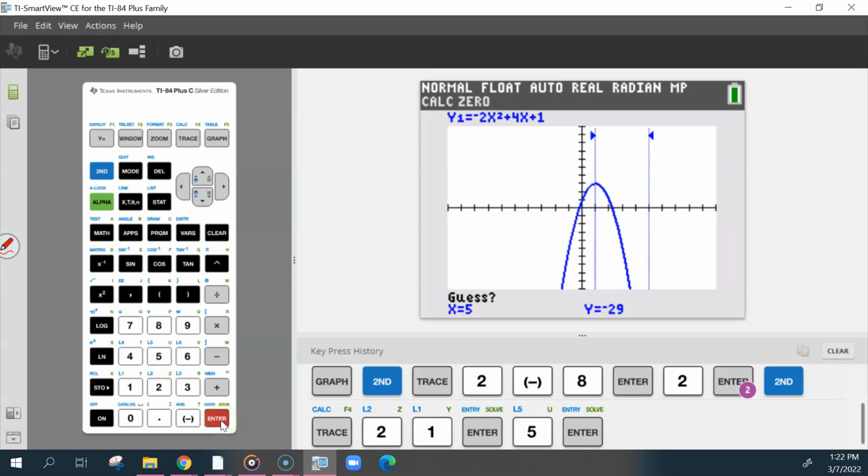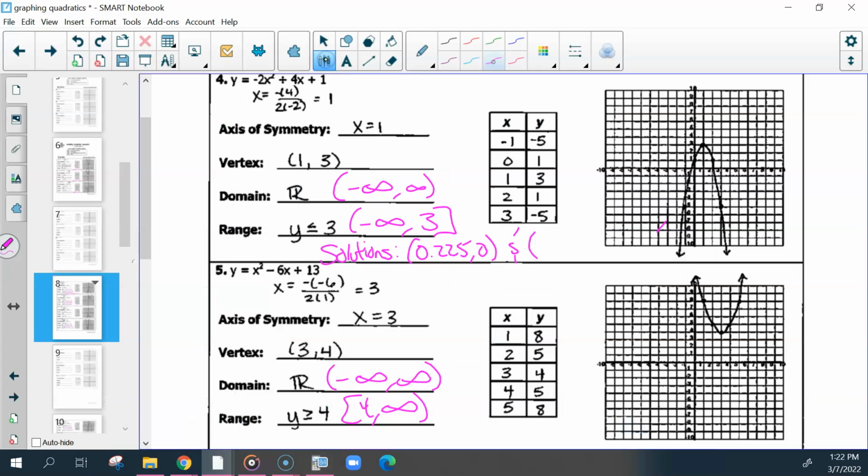Really, anything to the right would work. Now we have boundary lines. It's going to look between those boundary lines and find where does this cross the x-axis between those. Hit enter. 2.25. Usually the decimals are the same, but the number in front changes. So 2.25 would be our other one. And those would be our solutions.